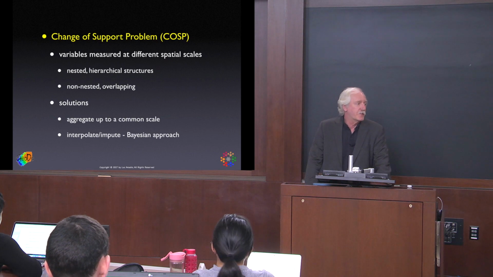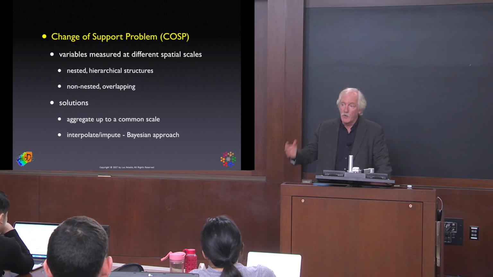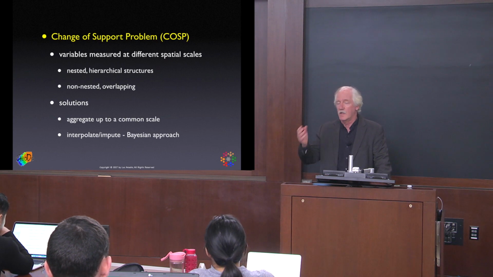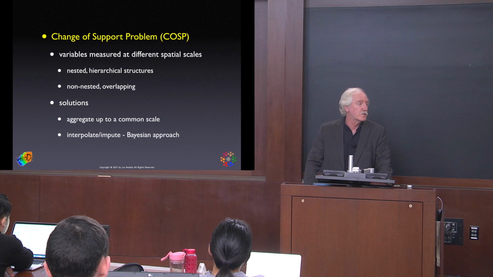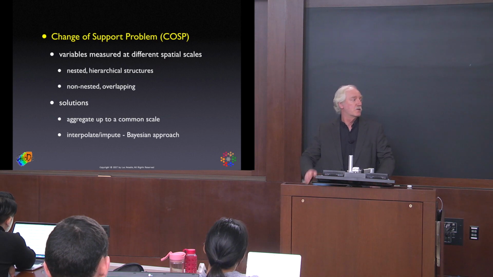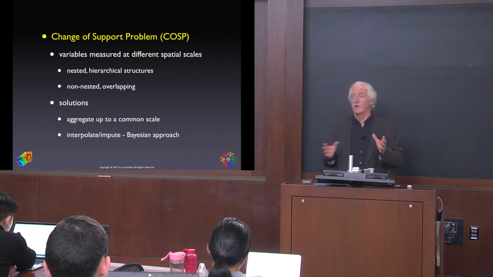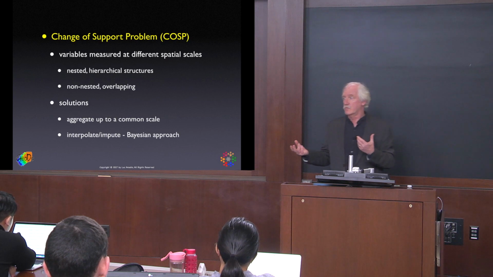So you have health statistics by zip code or census tract or something like that. And then you have 30 air quality monitoring stations. Those are points. The zip codes or census tracts are areas. So how do you combine these two, right?